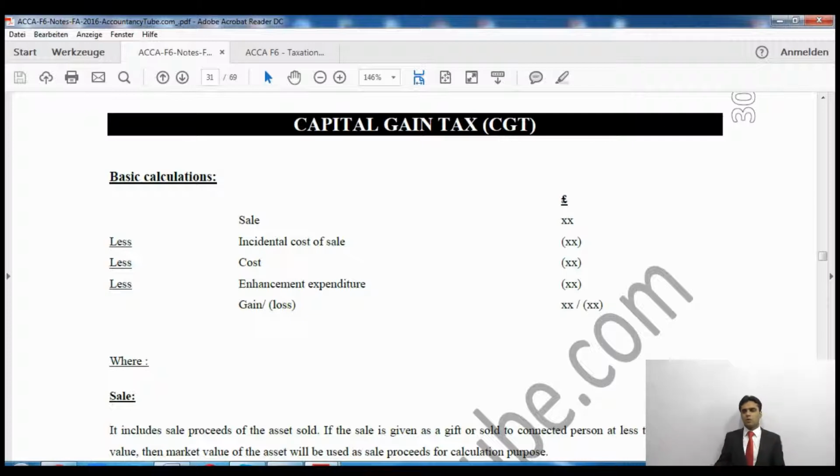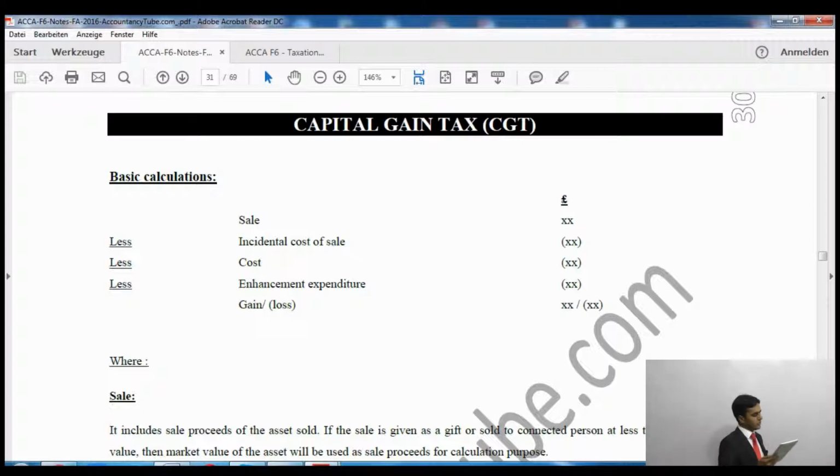In that case, how do we calculate the cost of the sold land? That is the way to calculate it. If an asset is part disposed, then the allowable cost and enhancement expenditure for the capital gains calculation will be calculated as follows.